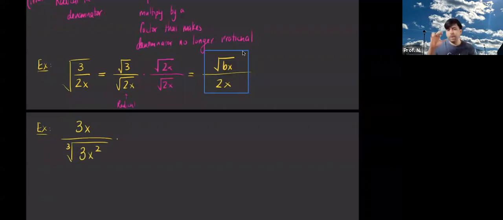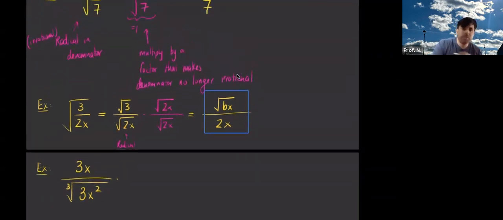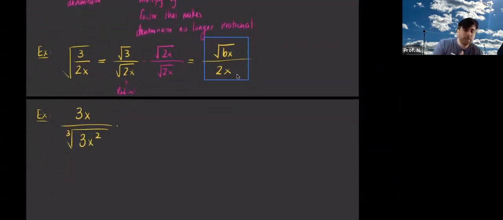Now, we have to envision this using radicals. When we deal with square roots, we're dealing with perfect squares. When we're dealing with cube roots, we're dealing with perfect cubes.